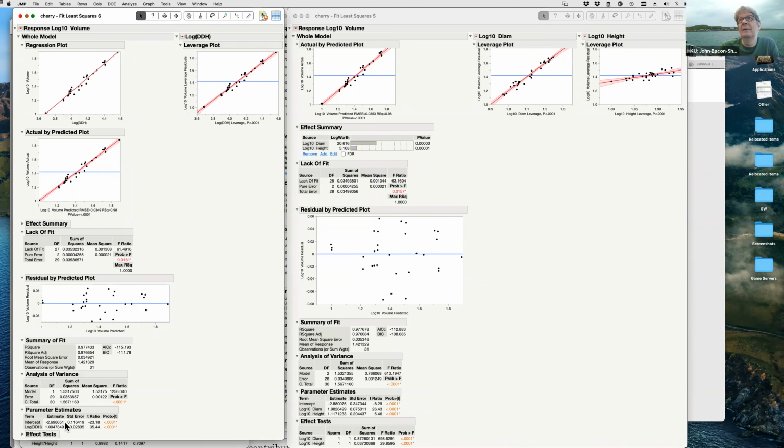You can just very quickly calculate diameter squared times height, multiply it by this one number, and it will tell you approximately what volume you expect to get from that tree. And we know this is pretty good because the adjusted R squared is nearly 98%. Right, so you'll be able to quickly get an estimate.